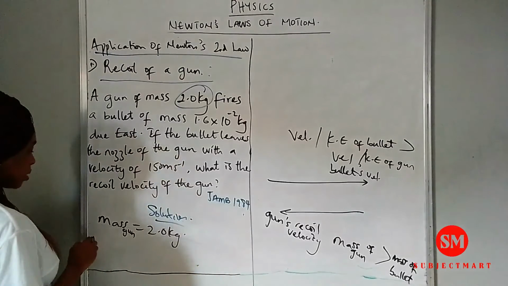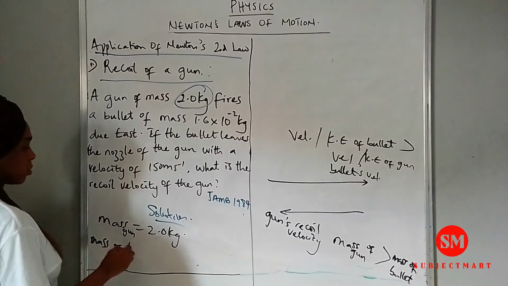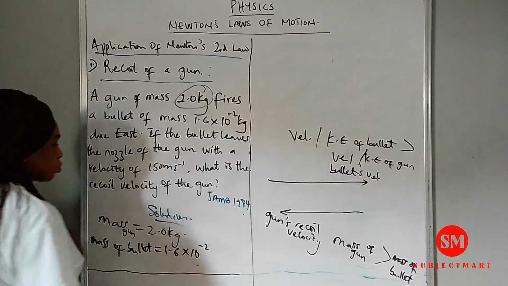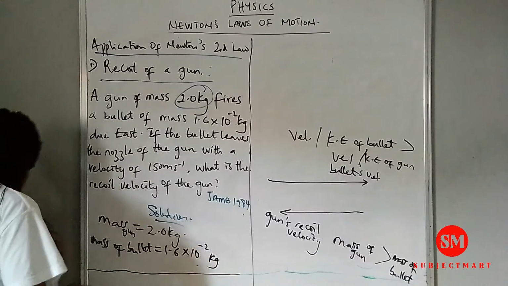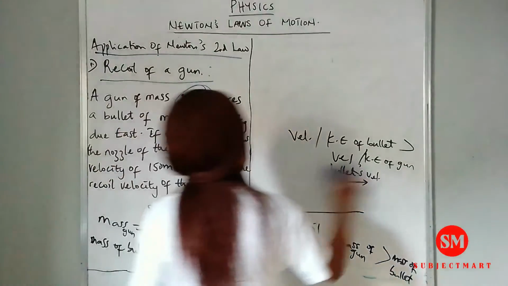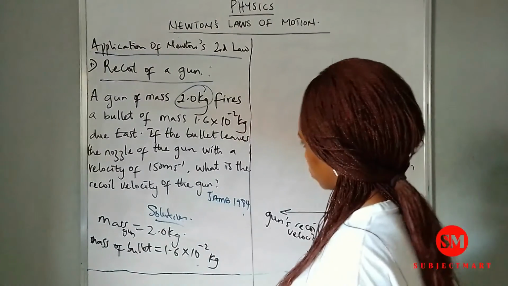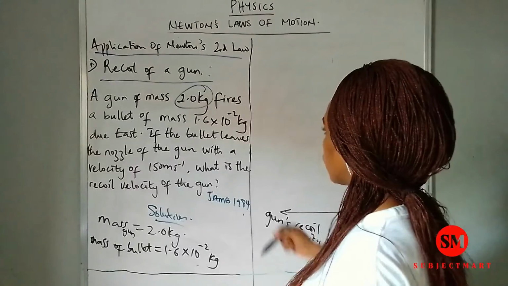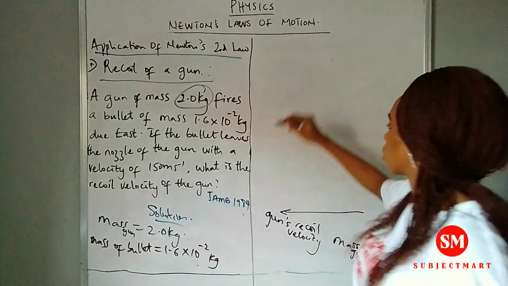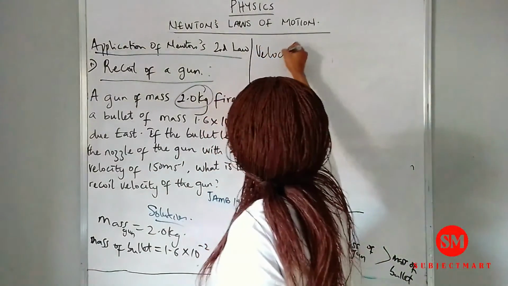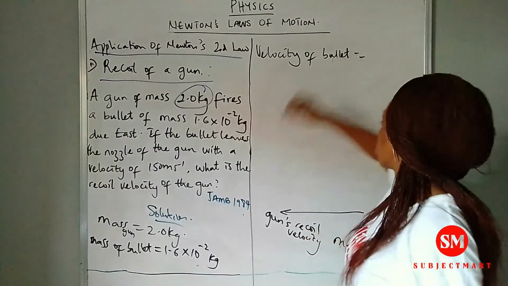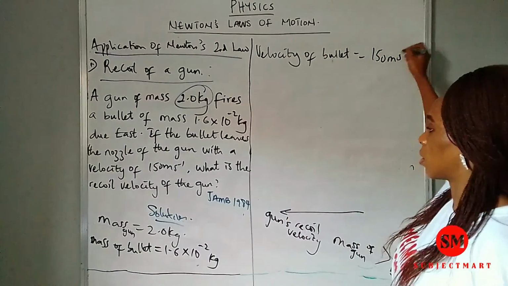A bullet of mass 1.6 times 10 raised to the power minus 2 kg. If the bullet leaves the nozzle of the gun with a velocity of 150 meters per second, that means the velocity of the bullet is equal to 150 meters per second.